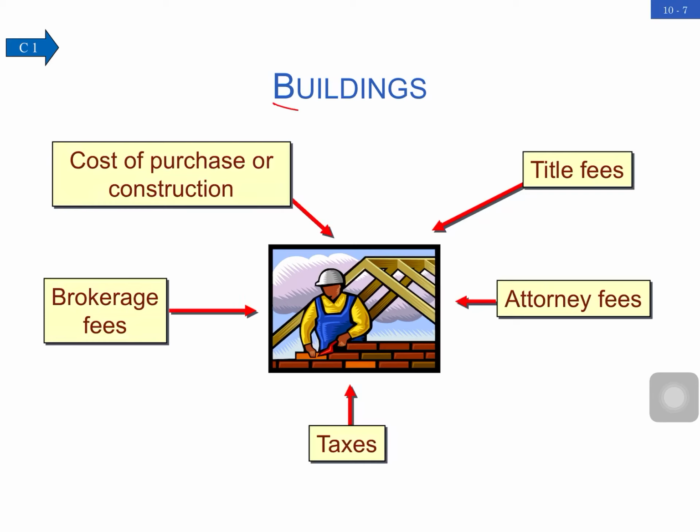And then we have buildings. The cost of buildings includes the cost of purchase or construction, brokerage fees, taxes, attorney fees, and title fees. Basically, all the costs that you need to pay when you construct the building or when you purchase the building.